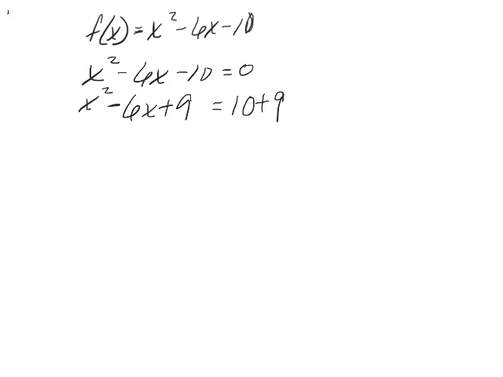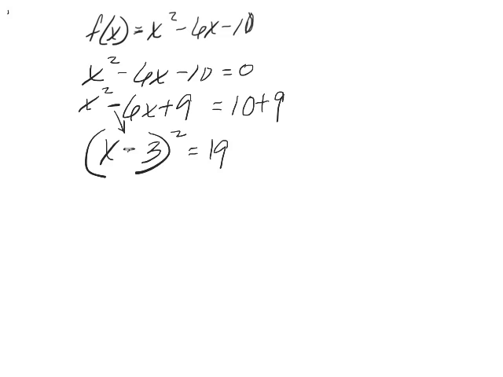Then I am going to take the square root of the x, the square root of the 9, put this sign here, square it, and make it equal to 19.